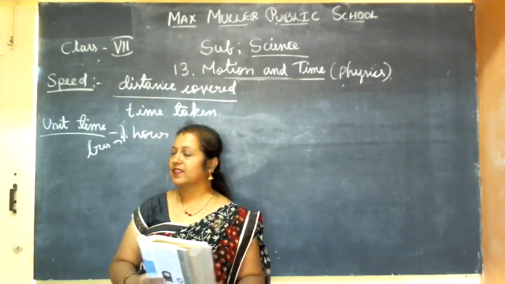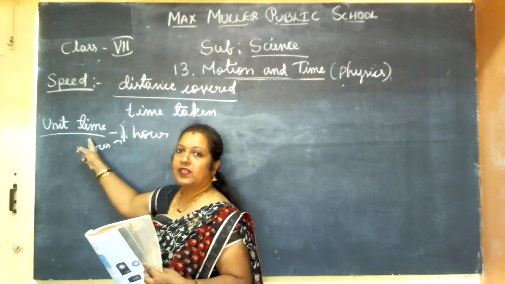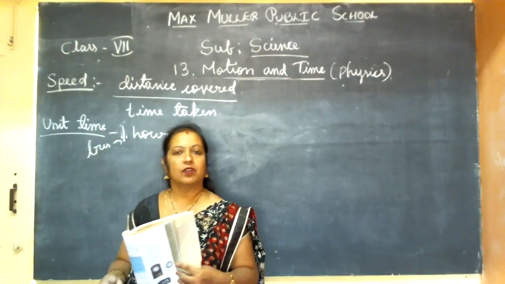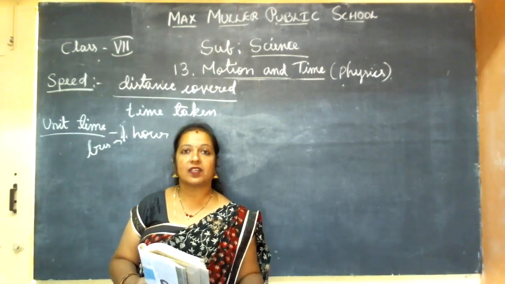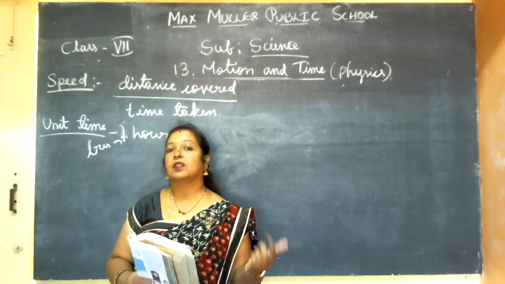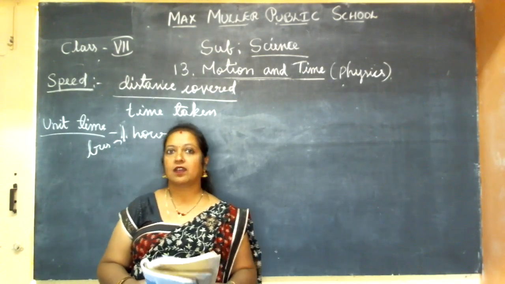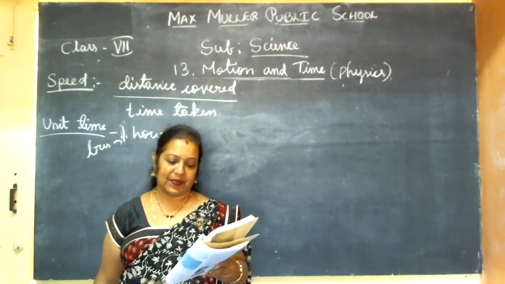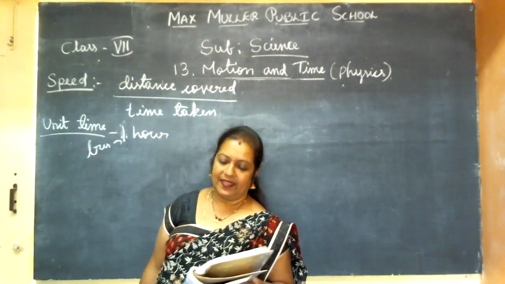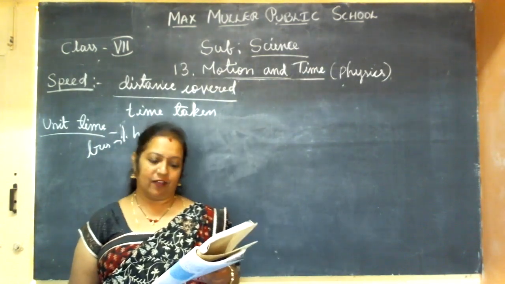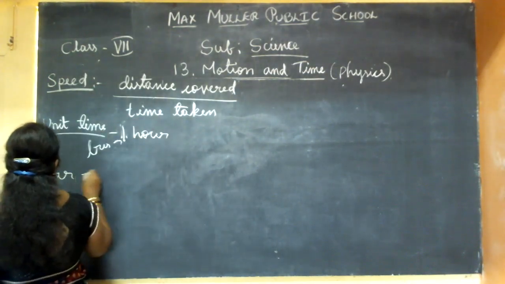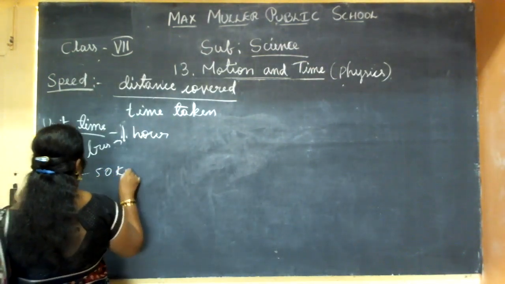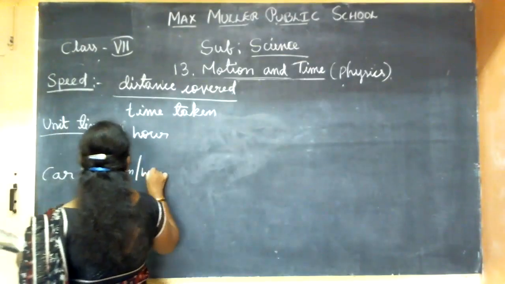Kilometers is the distance. Like that, you also have to measure the time in some unit. Measure the unit and measure the distance, then you can find out the speed of that particular object or vehicle. So when we say that a car is moving with a speed of 50 kilometers per hour.